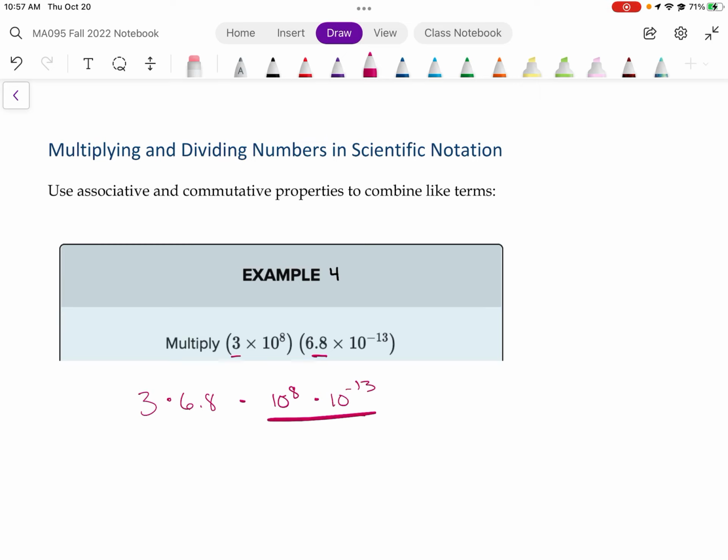Now these two have the same base, and we can use the exponent rules. These two we can just multiply easily on our calculator, and this is going to give me 20.4 times 10 to the 8 plus negative 13. Okay, so 20.4 times 10 to the negative 5.